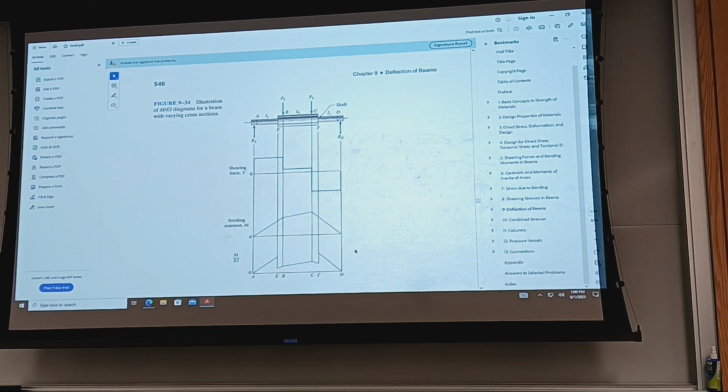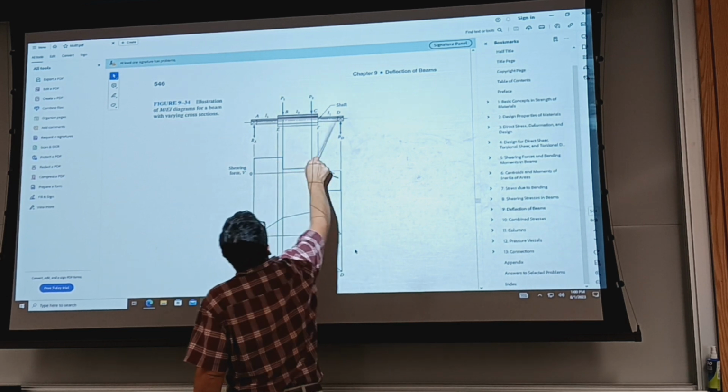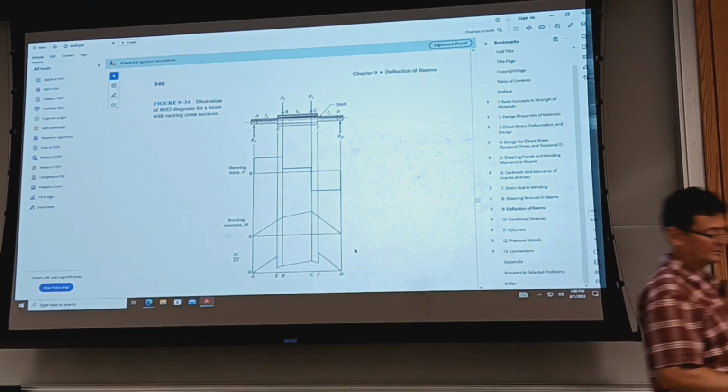Without going into details, the book makes this a separate class of problems. But really it's just a matter of working with a piecewise continuous function and integrating over separate intervals corresponding to the different I values.